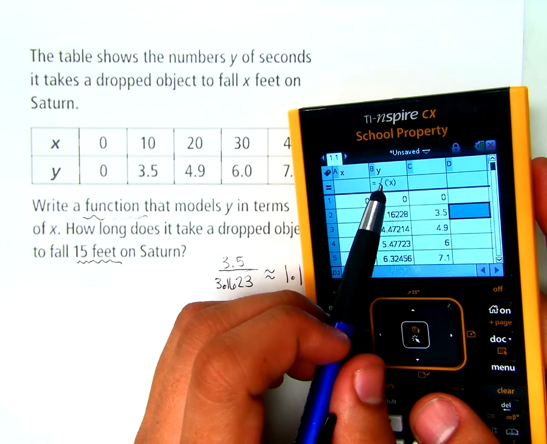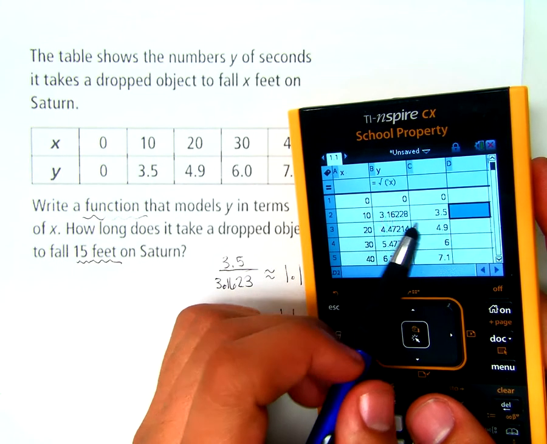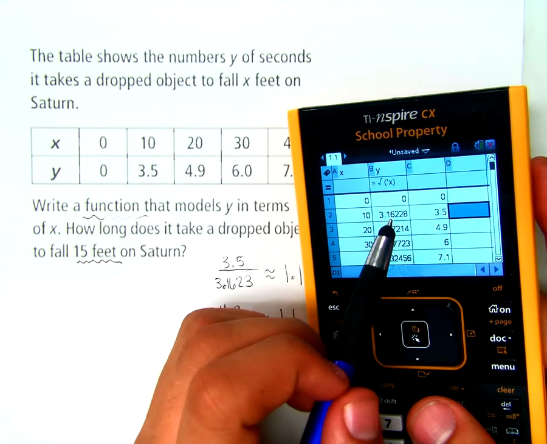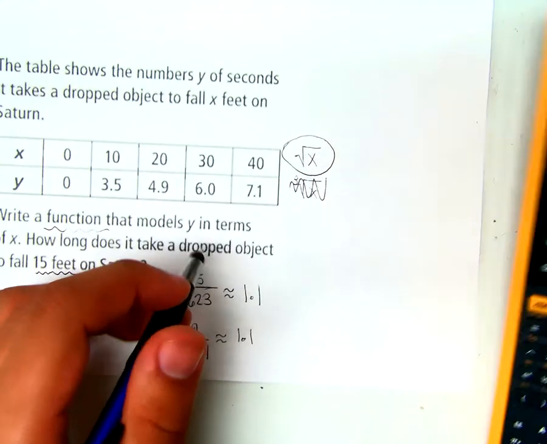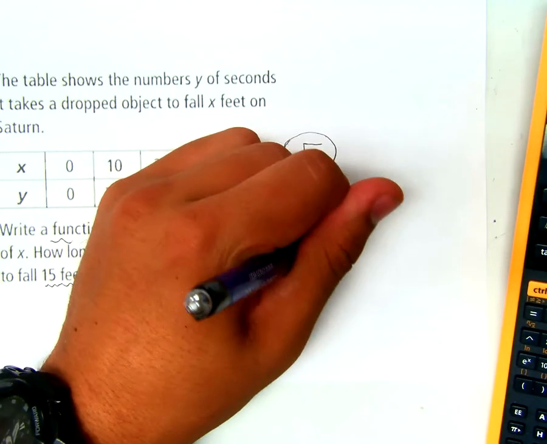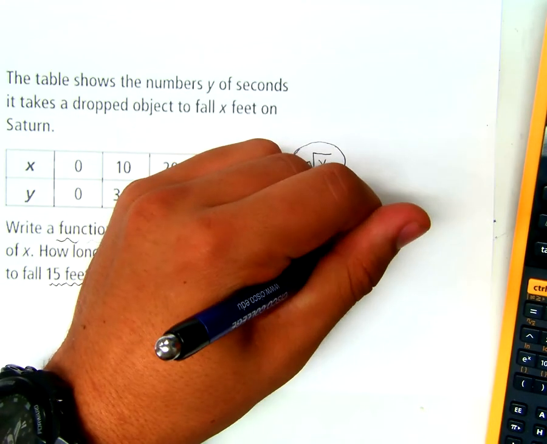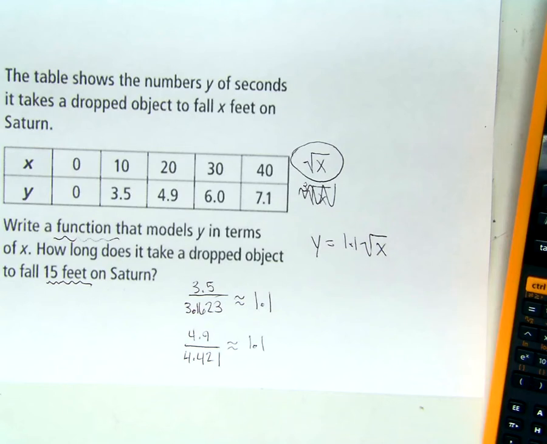That means 1.1 was multiplied. We multiplied this function by 1.1 to get all these values. So this number here that we found, 1.1, is how we're going to write our new equation. Our new equation is y equals 1.1 times the square root of x.